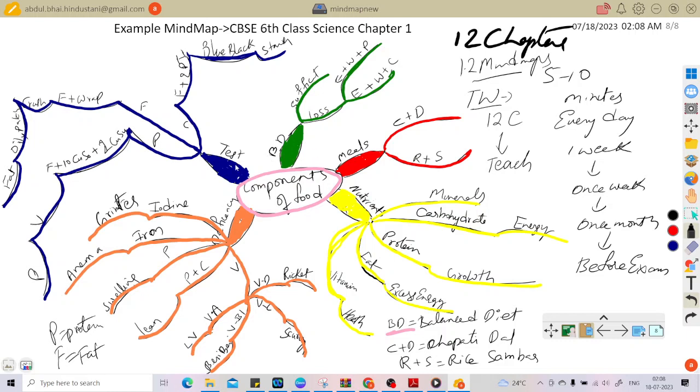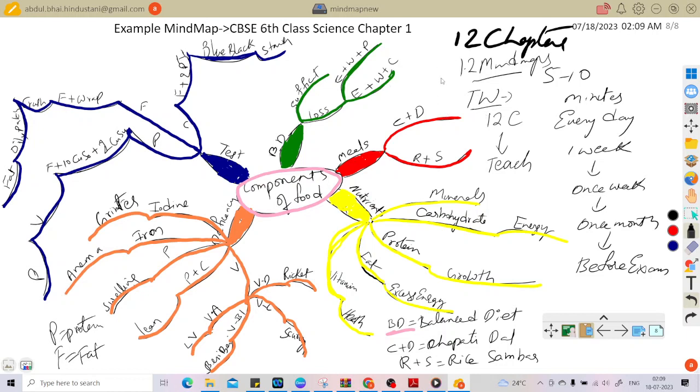They are going to teach you what each keyword stands for, what the information behind every keyword is, and the way they deliver it, you are going to remember. And the same chapter 1 mind map can be used by the remaining 11 students.